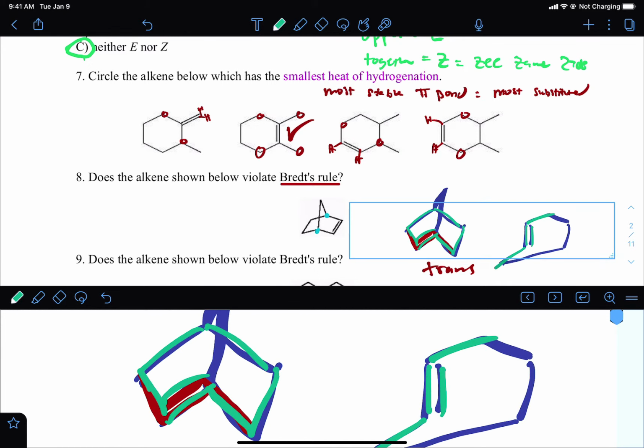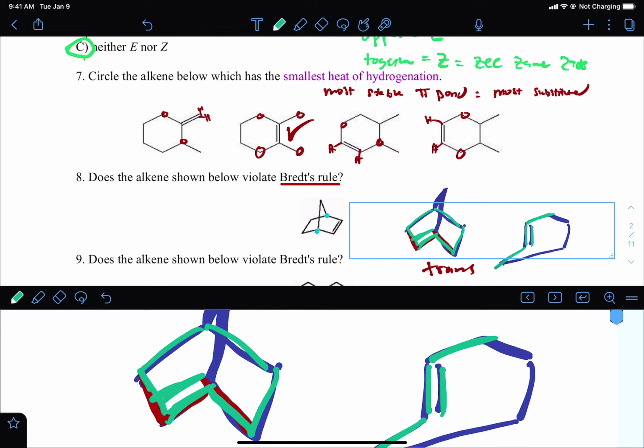So Brett's rule is a little bit of a shortcut that says, hey, be careful. If you've got a bridgehead carbon, don't get fooled into putting a double bond there unless that ring involves 8 carbons or more. All right. That's Brett's rule. You can't have a double bond on a bridgehead carbon unless the ring has 8 carbons or more, because it is implicitly making a trans double bond, which is not allowed in smaller rings.